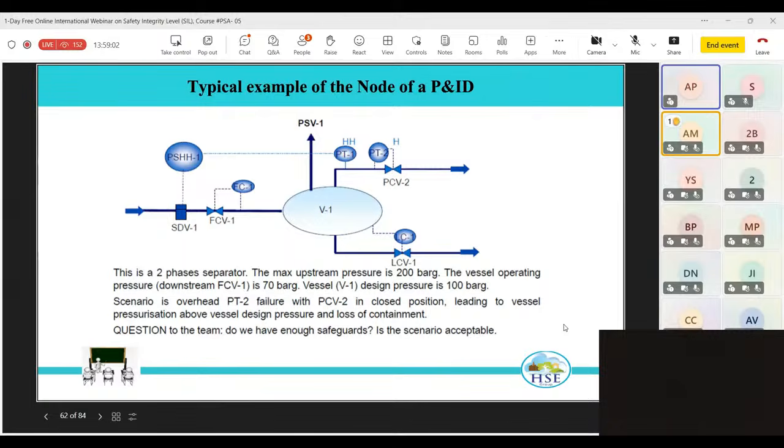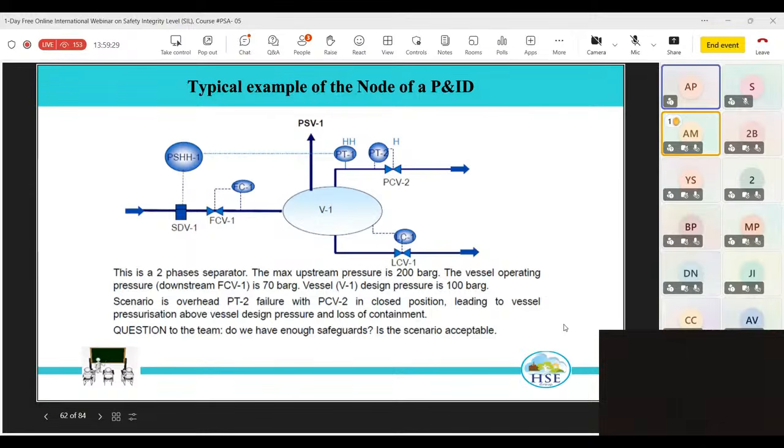Now the HAZOP chairman will ask the question, and the team will discuss the consequences, and depending upon the discussion, they will record the team discussion. Once the HAZOP chairman concludes that discussion, they will record it in the worksheet. Okay, this is the procedure which will be followed in the particular session.